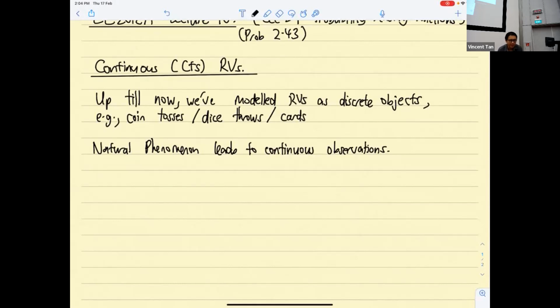So besides heights, some other natural phenomenon that we should model using continuous observations include temperature. Of course, we can say today's temperature is hot, yesterday's was cold, but we may want a more fine-grained calibration of the temperature.